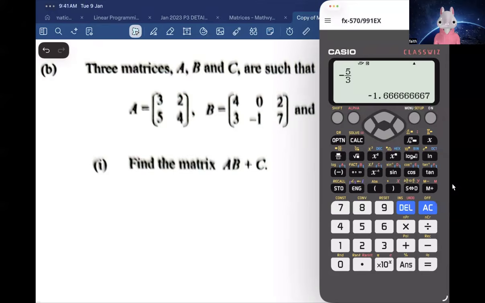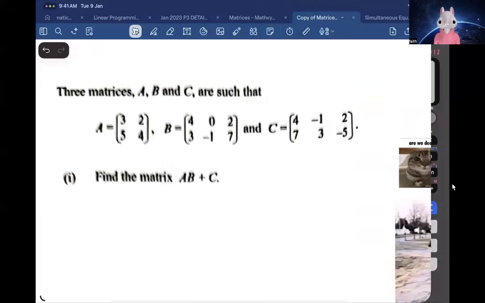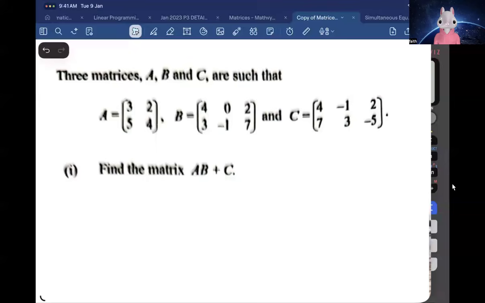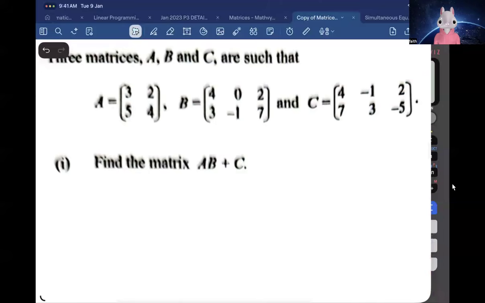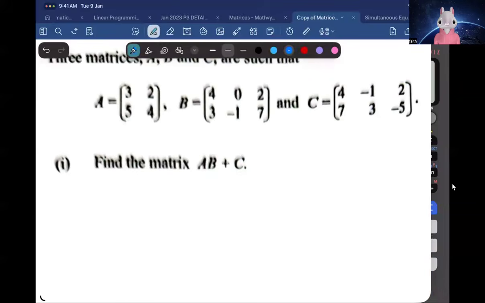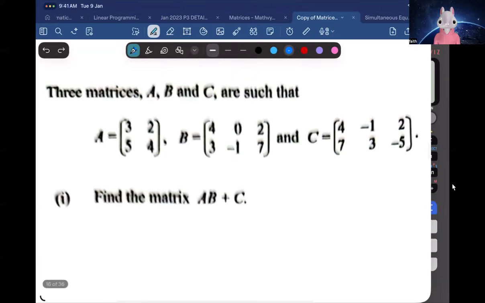Right. Let's continue, right? So find the matrix AB plus C. So Faith, you said you want to do it? Yeah. All right. So first things first, what is the order of matrix A? Matrix A is a 2 by 2 matrix. Matrix B is what kind of matrix?